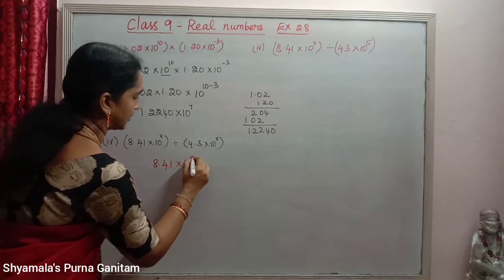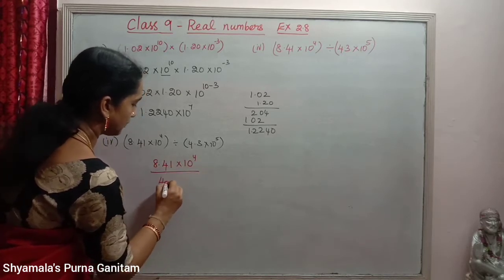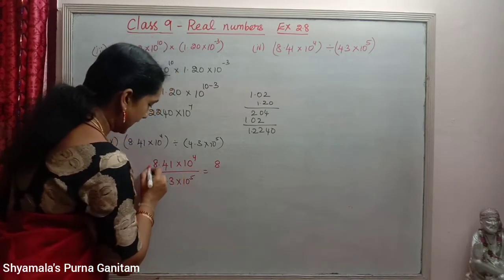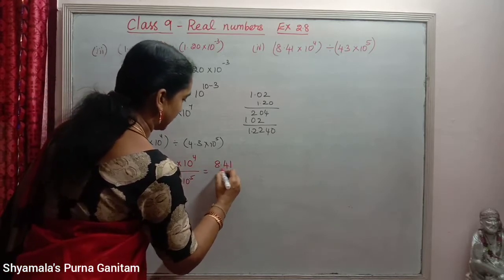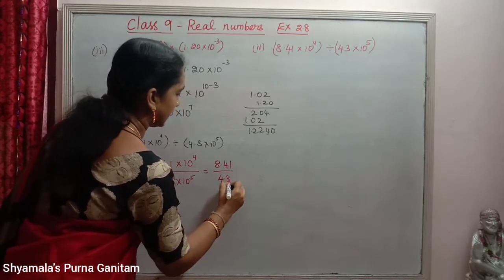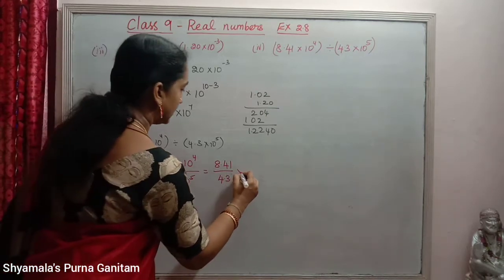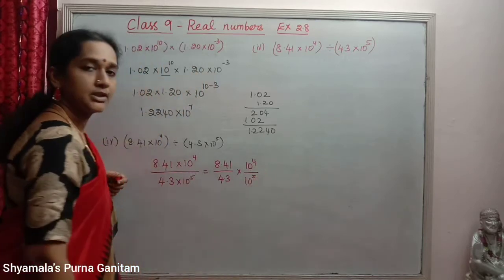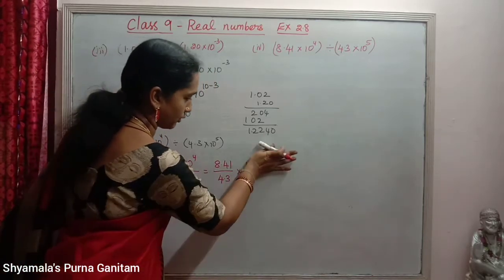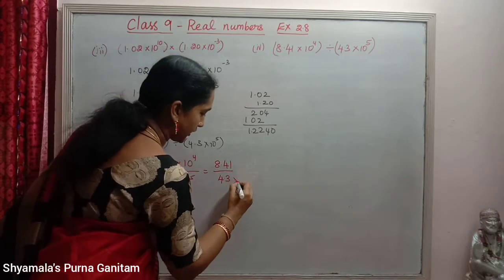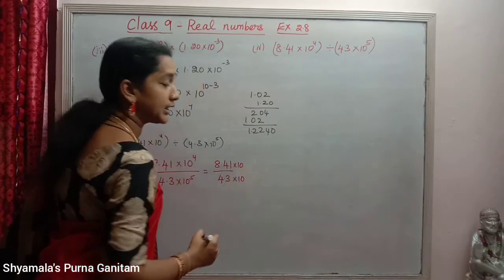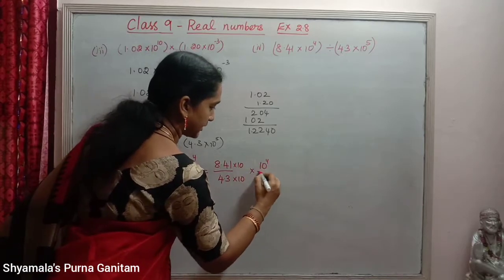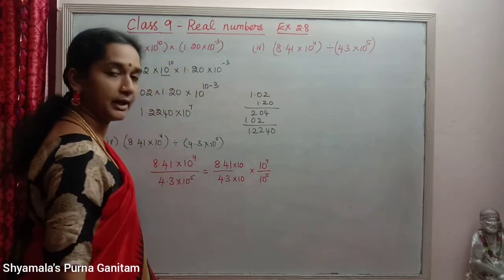We can rewrite this by writing the two terms in division form separately: 8.41 divided by 4.3 into 10 power 4 by 10 power 5. For convenience, I will multiply by 10 to remove the decimal point in the denominator.